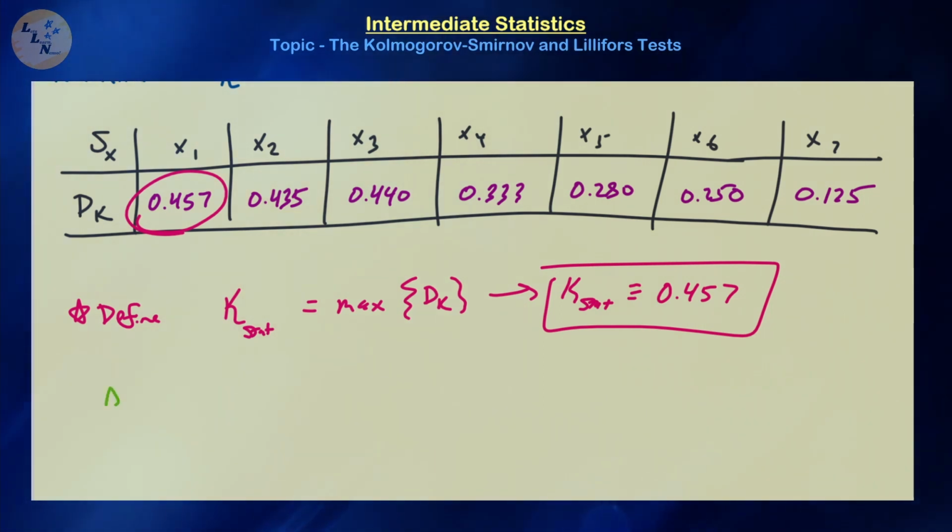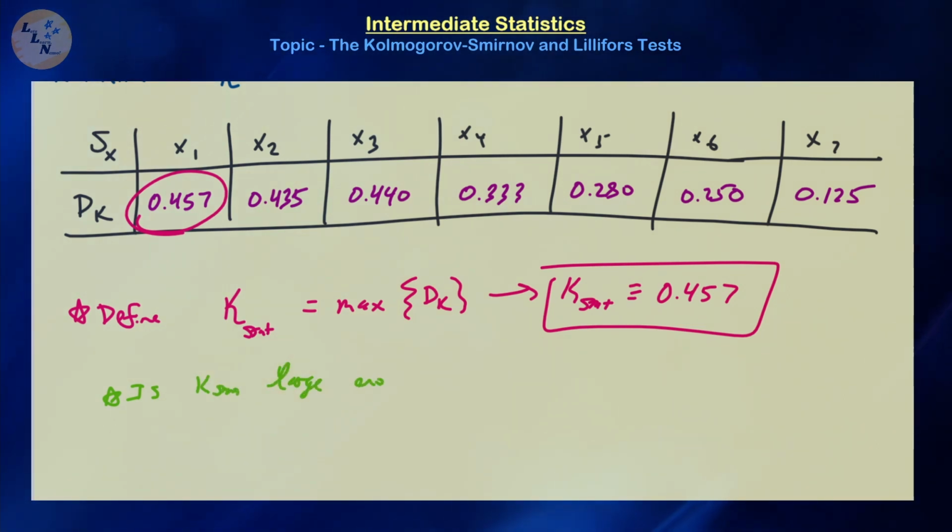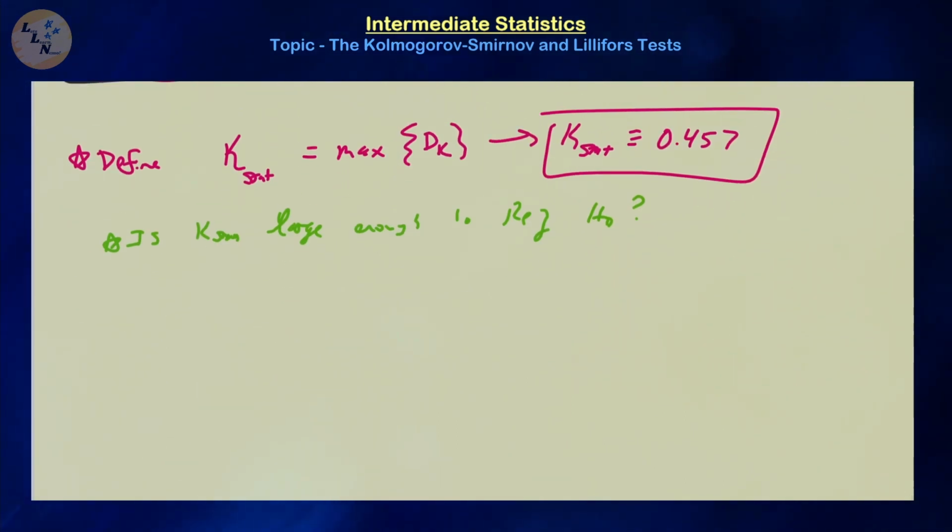So, is the k-stat large enough to reject the null hypothesis that our distribution is actually coming from a normal distribution? How can we make a little decision tree?